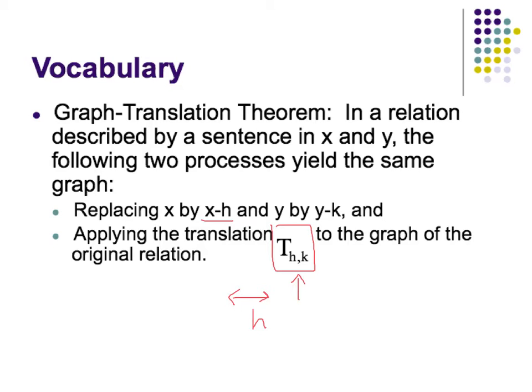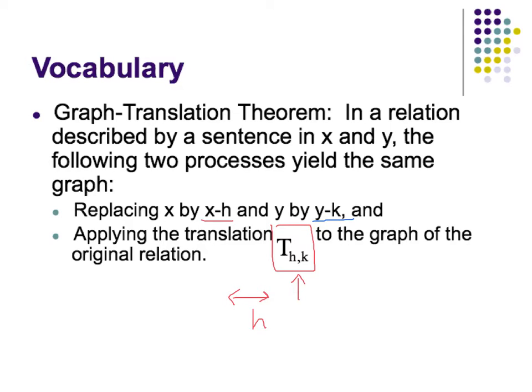So what you see in the equation, basically, you'll find that the movement will go in the opposite direction. So if it's x minus 2 in the equation, it will move 2 to the right on the coordinate plane. Okay? If it's x plus 2 in the equation, then it will move 2 to the left on the coordinate plane.